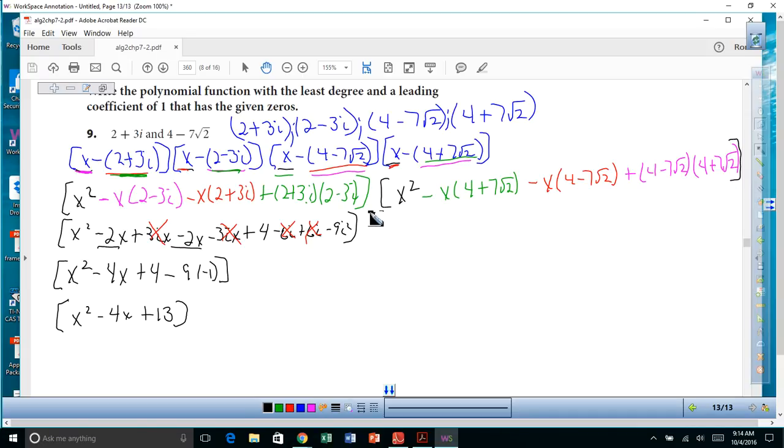We've got x squared. And then do the arithmetic. That's going to be minus 4x, and then minus 7x the square root of 2. Over here we've got minus 4x, and then negative times negative, that's going to be plus 7x the square root of 2.